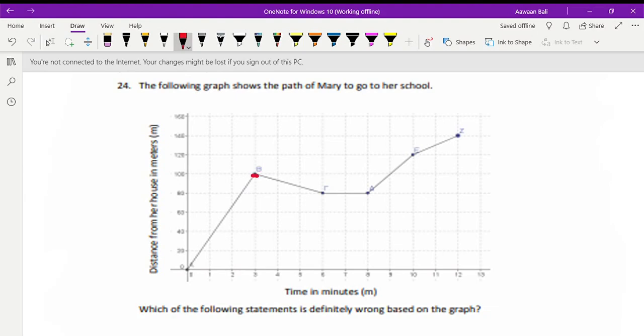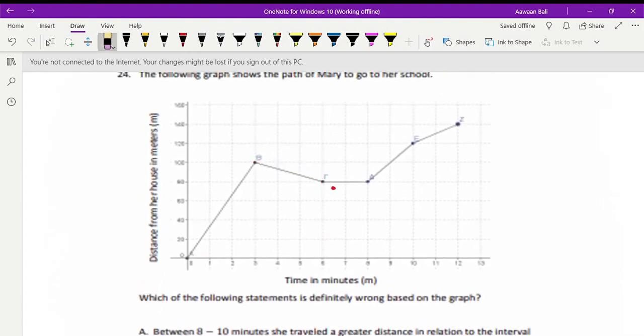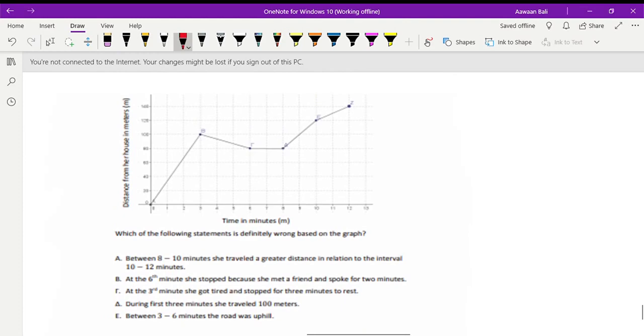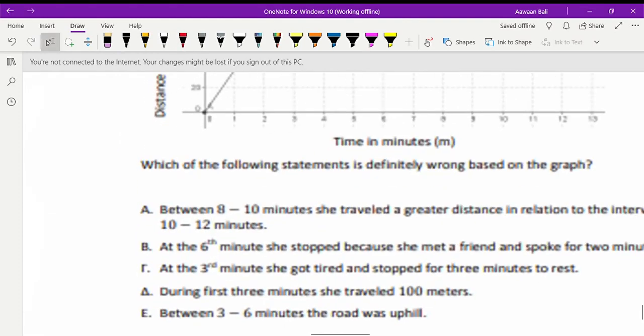So this is exactly what Mari's doing. She's going slower because she's climbing uphill. And then it makes sense that after her pause, she goes back faster, with this big jump, because now she's going downhill. Makes sense, right? So therefore Eta is correct, and the answer is the gamma.